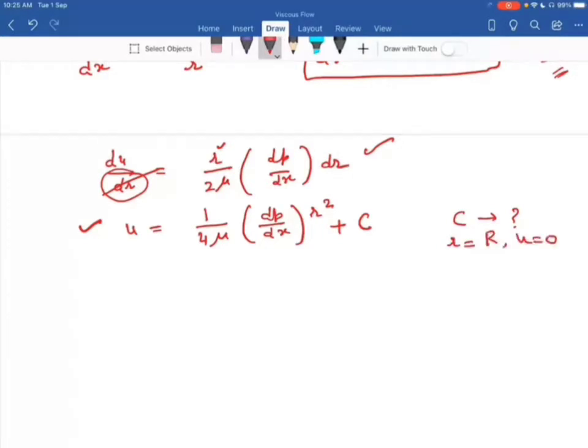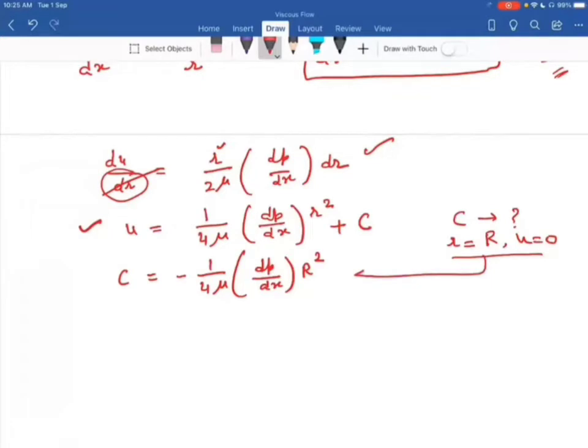So by putting this value of r and u, the constant C comes out to be minus 1 by 4 mu dp by dx into capital R square. So this is constant C by putting this boundary condition.